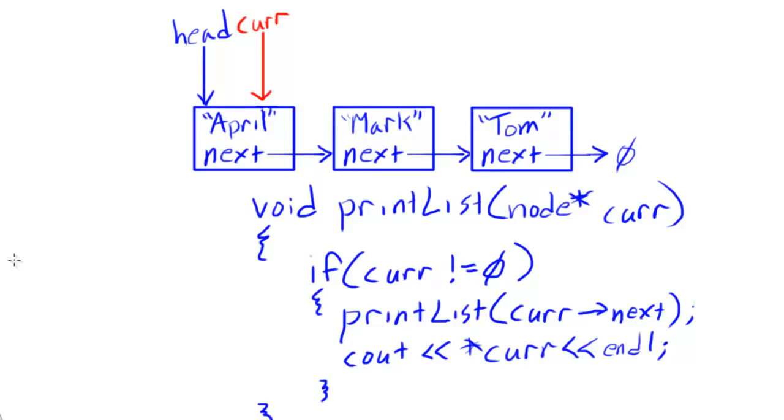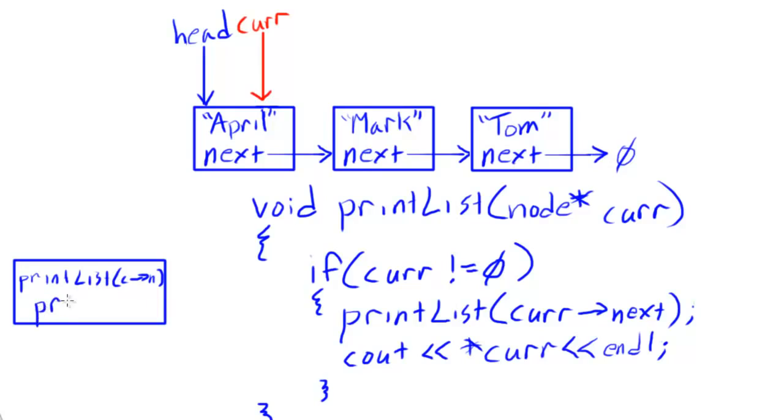Whenever we create our first stack frame, so this is our first stack frame, whenever we first call print list, we'll have a recursive function call first. So we'll have to do our print list here, and pass in current's next. And then once we finish that, we can actually do the print statement where we could print out, in this case, April. But April will not be able to be printed until we are unwinding the stack here.